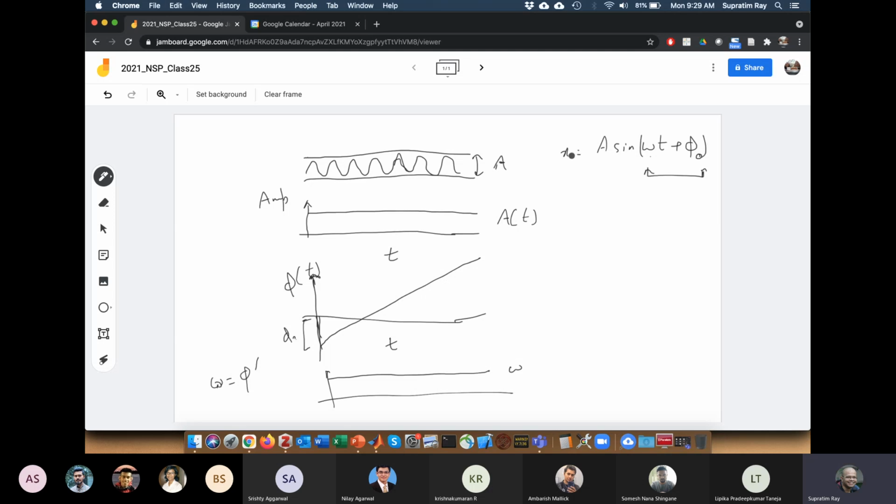So my signal x of t is written as a function of the instantaneous amplitude and the instantaneous phase.